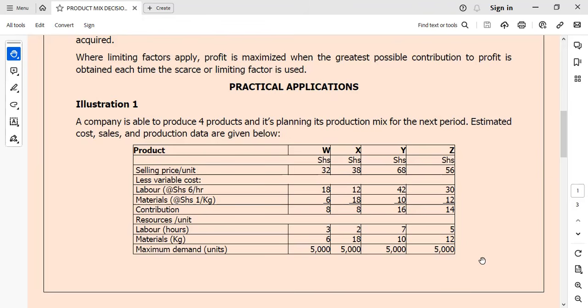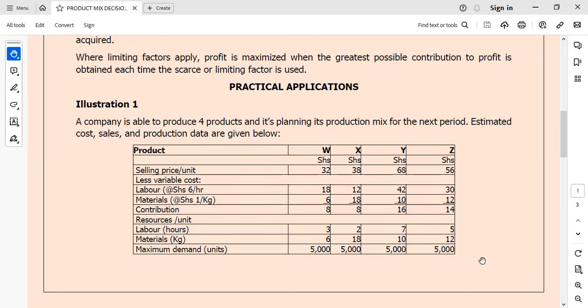So we have 4 products, W, X, Y, and Z. We have the selling price. We have the variable cost per unit of each product, where they have given us labor. Each labor hour is shillings 6. So you see how much they incur on labor to make a unit of a product.